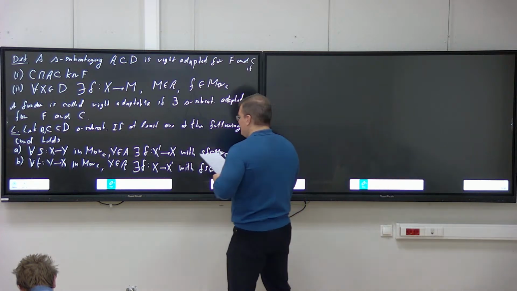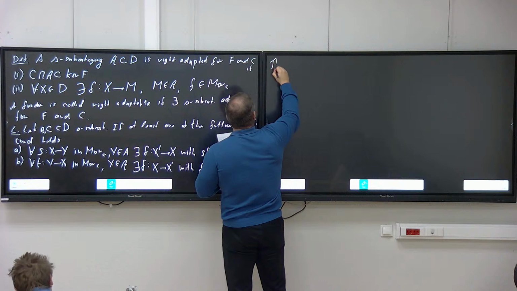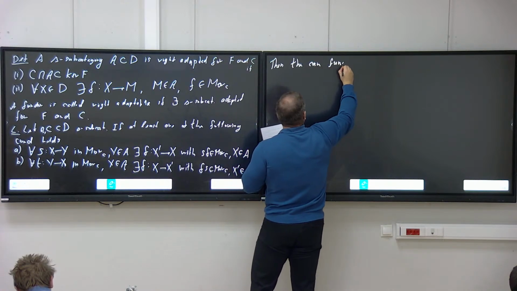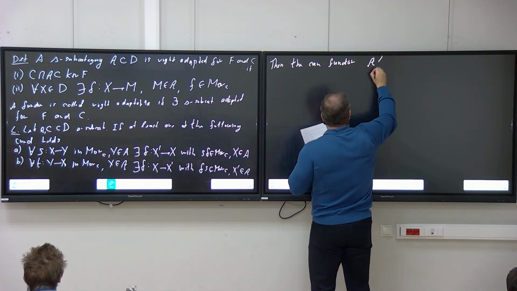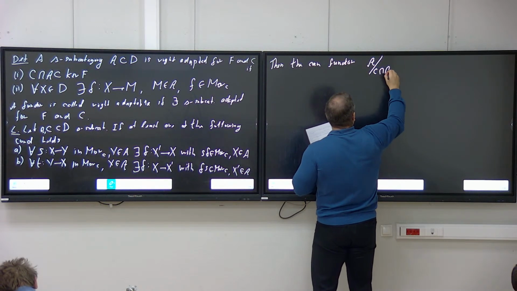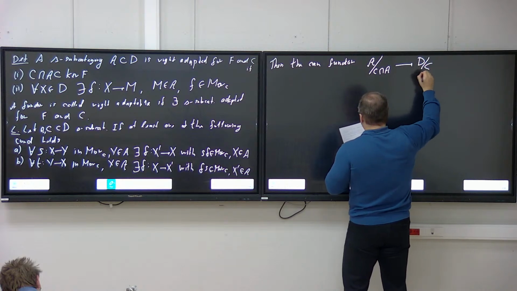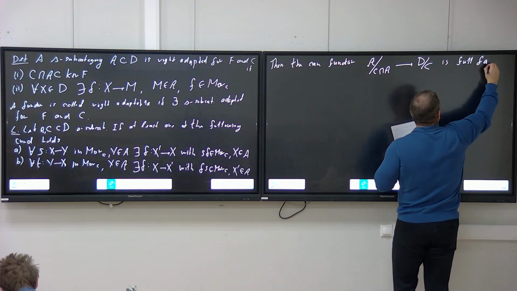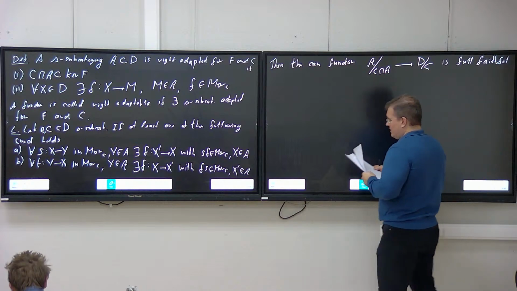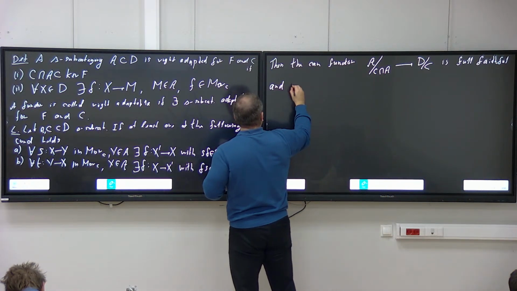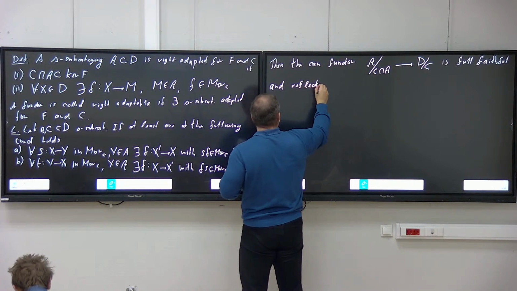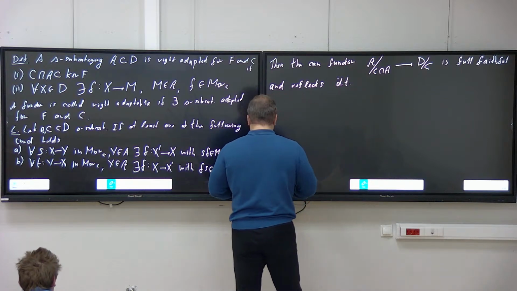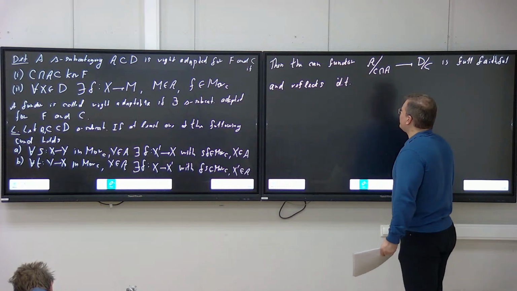If one of these two conditions is true, then the canonical functor from A quotient by C intersect A to D mod C is fully faithful and also reflects distinguished triangles, which, this second part, I don't think we're going to use later.